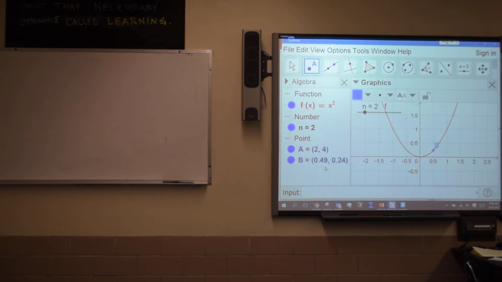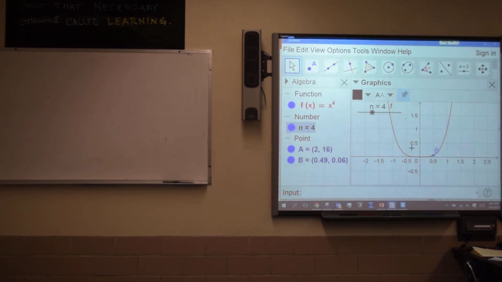Okay, so close to 1/2. If I take 1/2 and I square it, you get 1/4, right? And that's what that's saying right there. But when I take 1/2 and I raise it to the 4th power, okay, now I'm getting 1/16. Well, that's 1/16 right there, or something very close to 1/16. And that's why this y value got smaller, right?